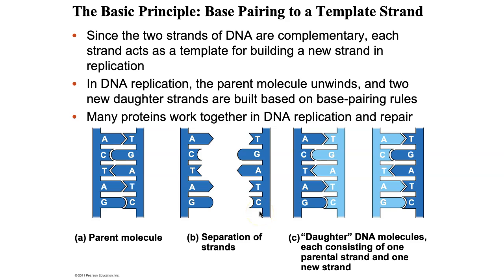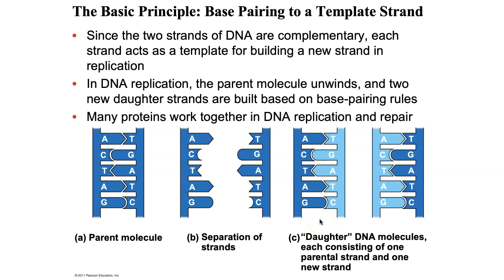The cellular machinery reads them, and because of the complementary base pairing, it knows exactly which base to put on here while it's elongating the new strand. So the dark blue strands are the template strands for two new DNA molecules to be created. Here we have G as the template, the new complementary base is C, A is the template, the complementary base is T, and so on and so forth.